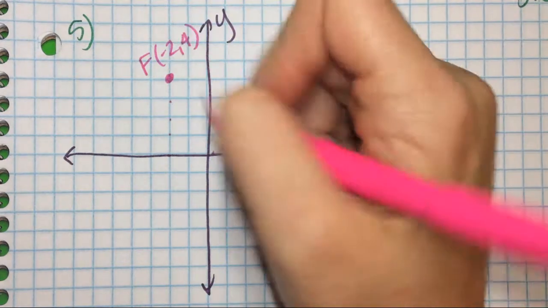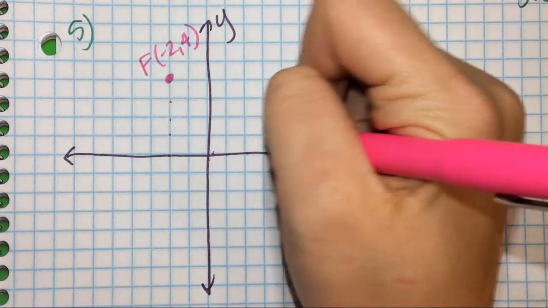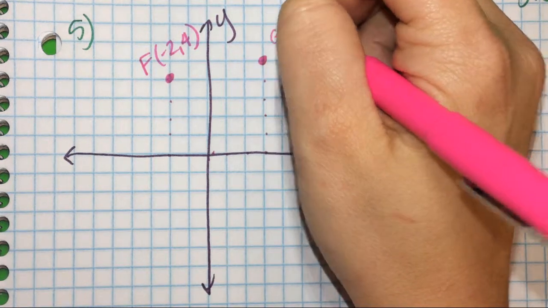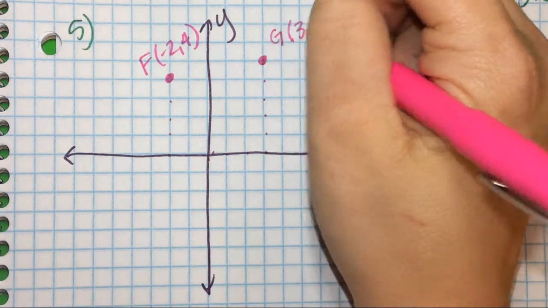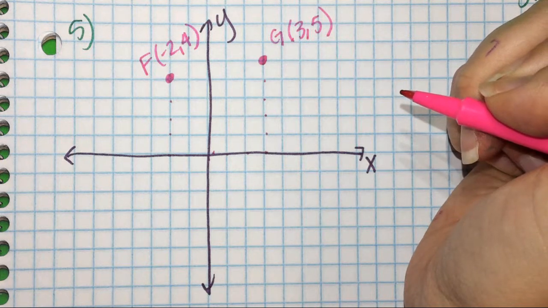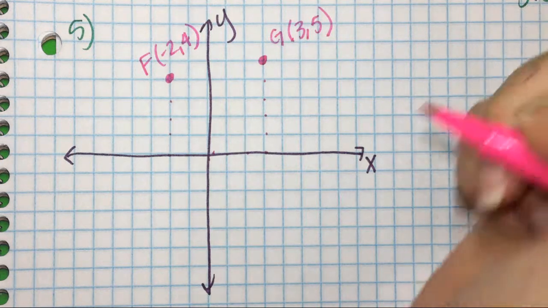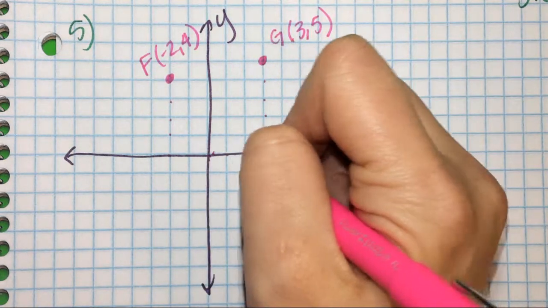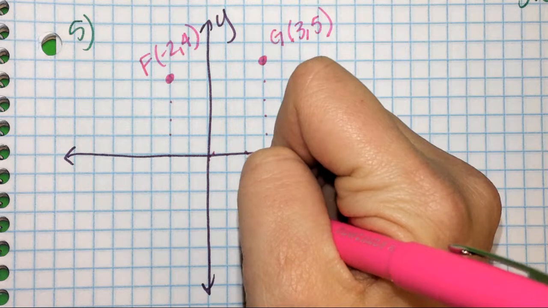Alright, point G is at 3, 5. So I'm going to go right 3, up 1, 2, 3, 4, 5. Point H is at 2, negative 3. I got excited. So go right 2, down 1, 2, 3.